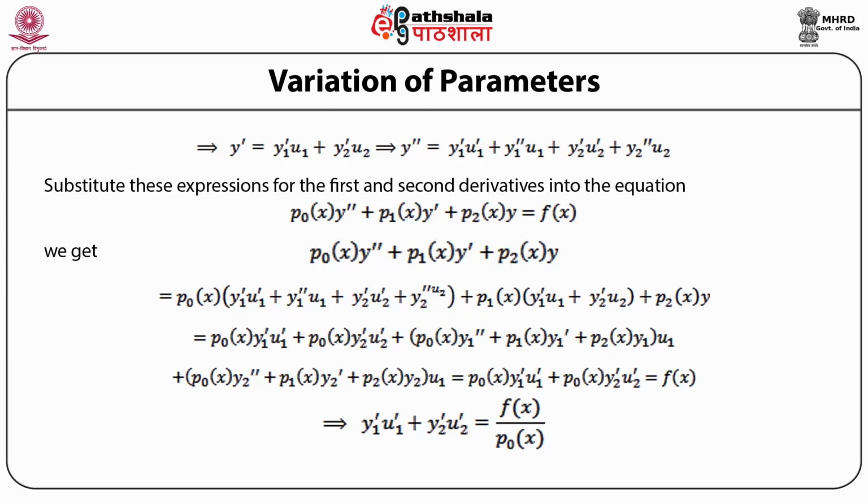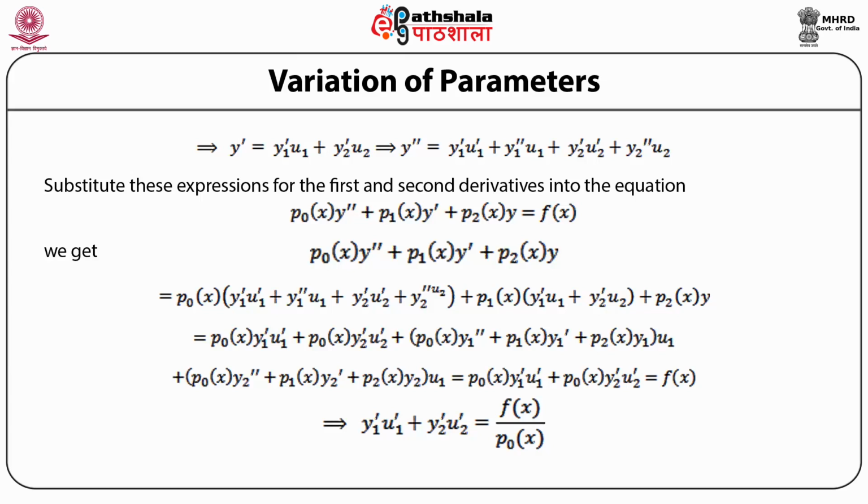This can be expanded to obtain p0 x y1 prime u1 prime plus p0 x y2 prime u2 prime plus u1 times, within the brackets, p0 x y1 double prime plus p1 x y1 prime plus p2 x y1, plus u2 times, within the brackets, p0 x y2 double prime plus p1 x y2 prime plus p2 x y2.